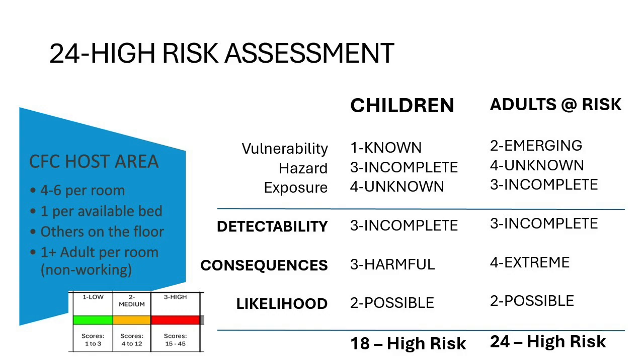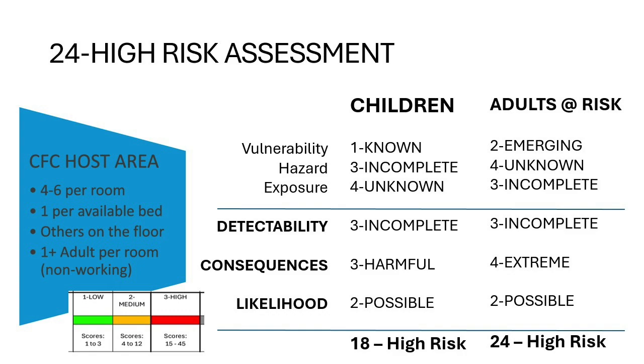So exposure is 3, incomplete. It's an incomplete picture. Nothing may happen, but something may happen. And so the detectability is also 3. It's incomplete. Now the consequences has to go up to extreme because it's always an extreme consequence if somebody accuses you of neglect or abuse, right?